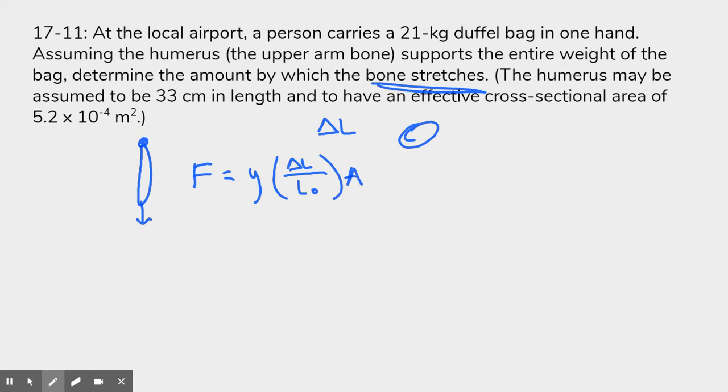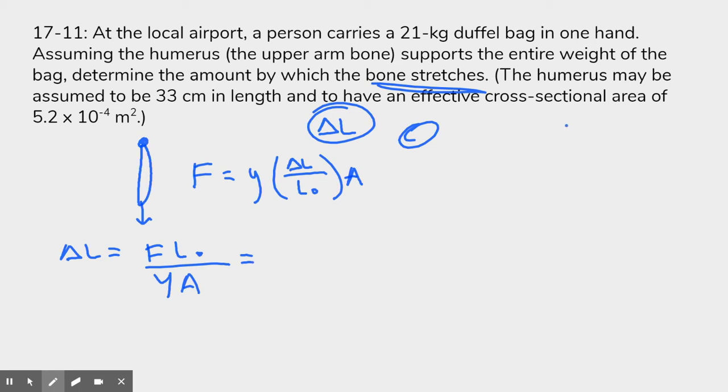Let's rearrange this because we want to solve for delta L. We'll find that delta L is equal to the force multiplied by the initial length, divided by Young's modulus times the area. Now, you might be asking, what is the force?